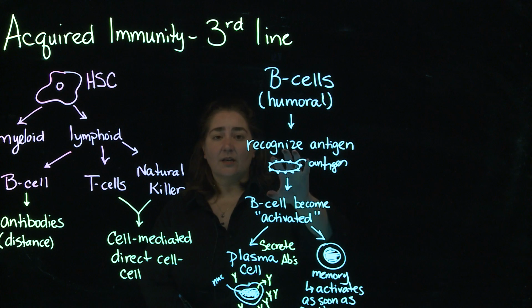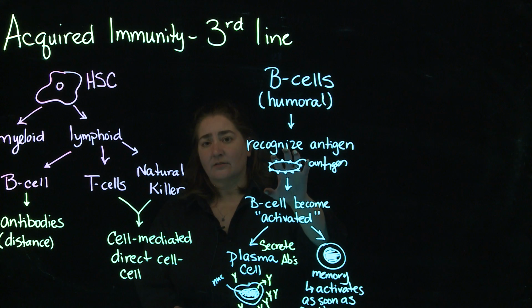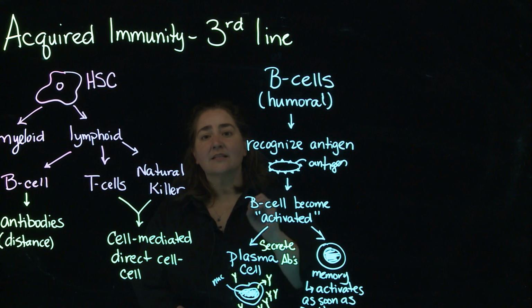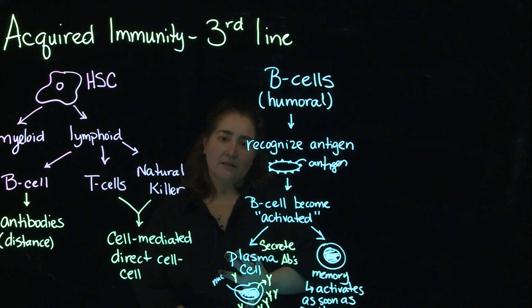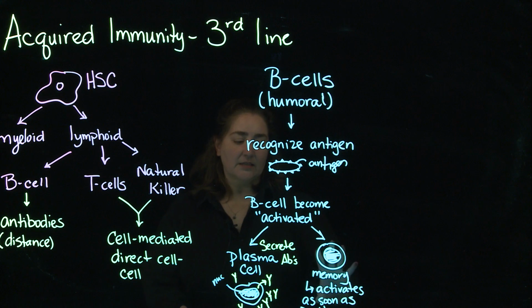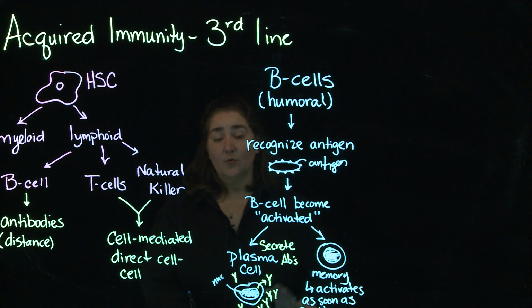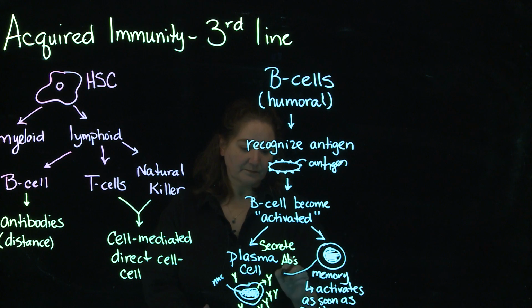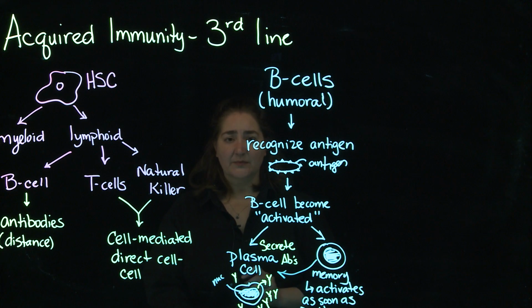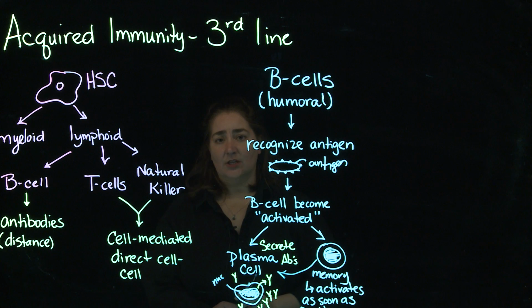So we're talking about recognizing a very specific antigen on the outside of either a virus, although antibodies are usually more bacterial mediated, it can also be viral. It's recognizing something specific, the B cell becomes activated, makes the plasma cell that makes the antibodies, and the memory cell, which then will go and become a plasma cell if it encounters that antigen again.